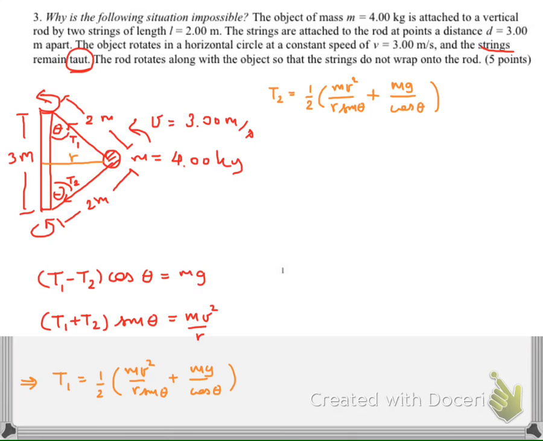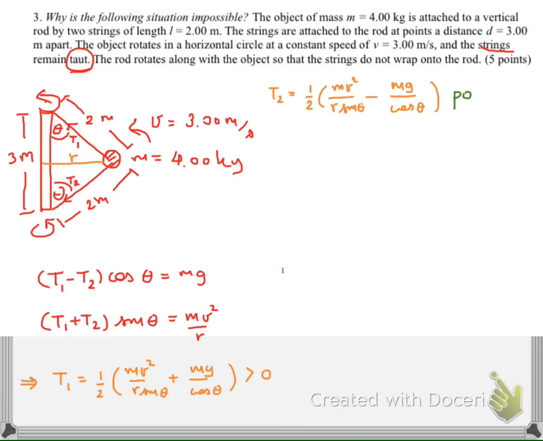Oh sorry, these have to be minus. You can see that T1 will always be positive, right? You cannot have T1 be a negative value, so there is no problem with T1. But we can see that T2 can be both.